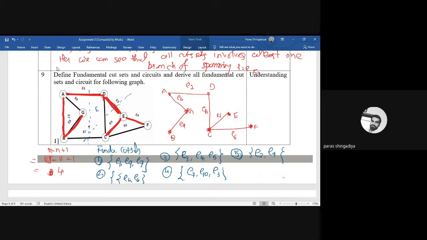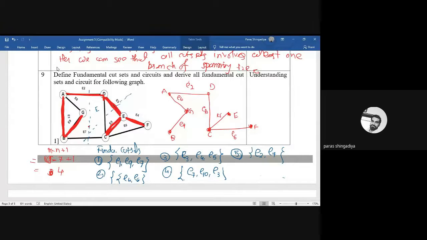It does not contain any closed walk, and all the 7 vertices are connected. You can check that 4 edges I have skipped, and that is our 4. That is a different spanning tree. And now check the answer.